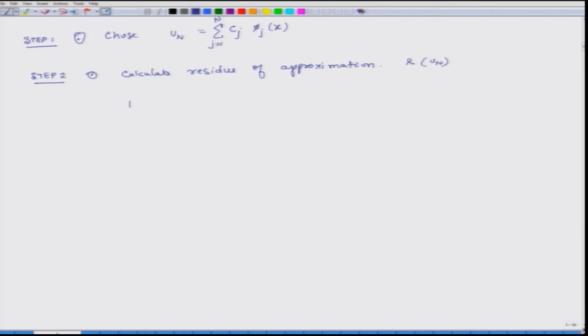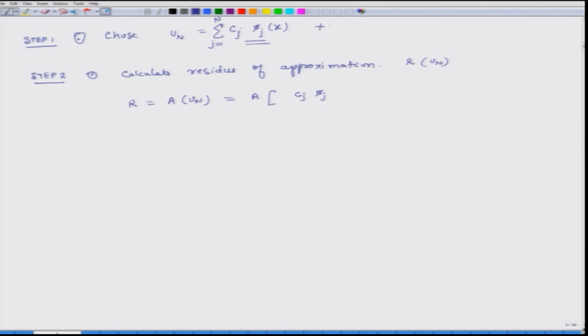So, my residue is equal to, I apply that operator on u_n, if the overall differential equation is this A of u_n, and since u_n is C_j phi_j(x), it is equal to I am using this operator on u_n.